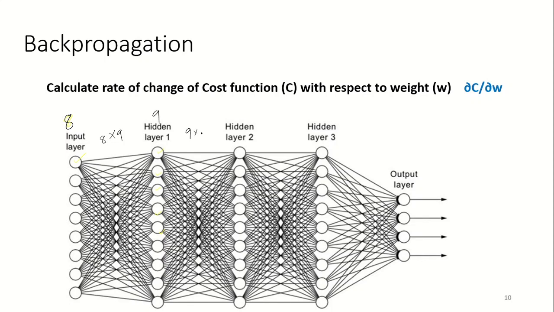Similarly here we have 9 into 9 edges, here also 9 into 9, and here 9 into 4. That many weights are there. For every weight we have to calculate this dou C by dou W, and based on that factor we have to update the weight.